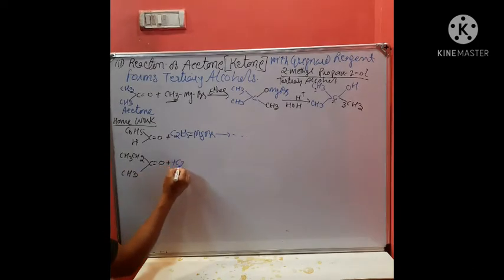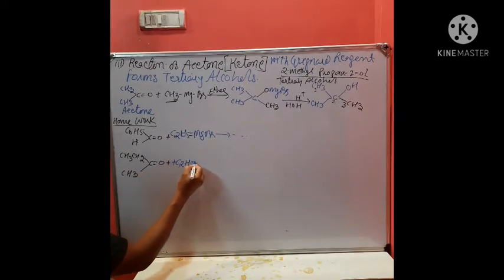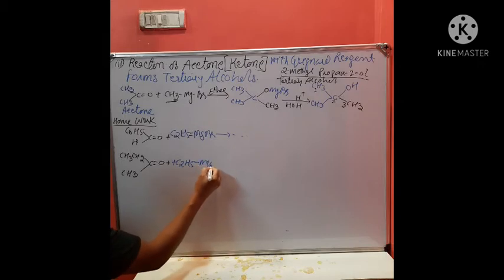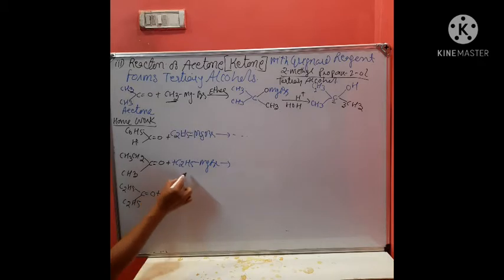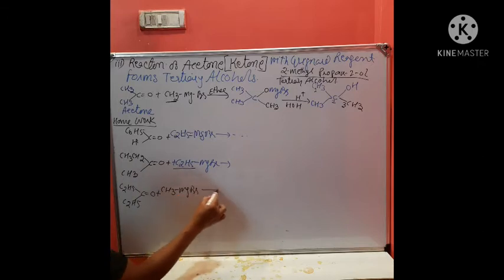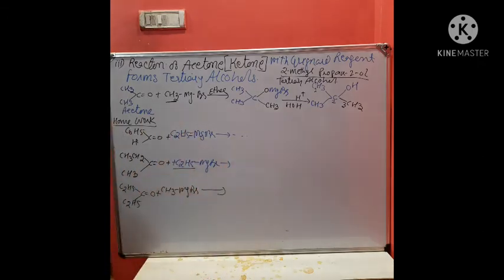Similarly, now I am changing it to C2H5MgBr. Okay, you complete the reaction. Again I can change it, like C2H5, C, again C2H5, C double bond O, plus now I am changing it by CH3MgBr, at the same condition.